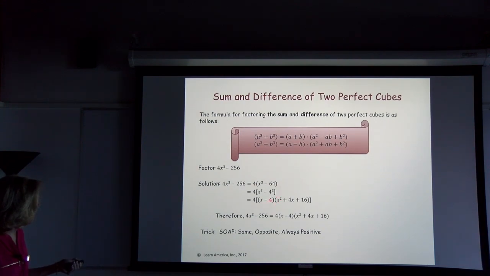I'm going to take the opposite sign for the product, which is 4x, and then the last term squared, and that's always positive for plus 16. Okay? Get the hang of this? Okay? So in this case, SOAP, keep the same sign for the first factor. This one's always going to be positive. Take the opposite sign, and then the last one's always positive again.